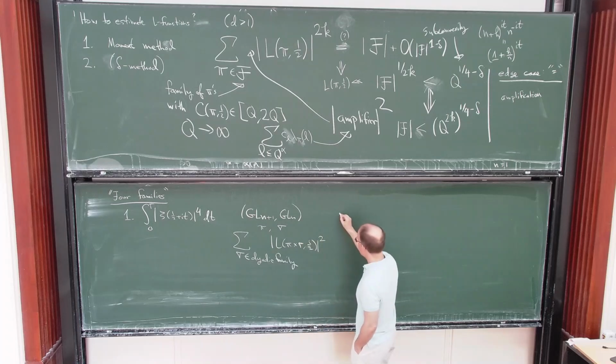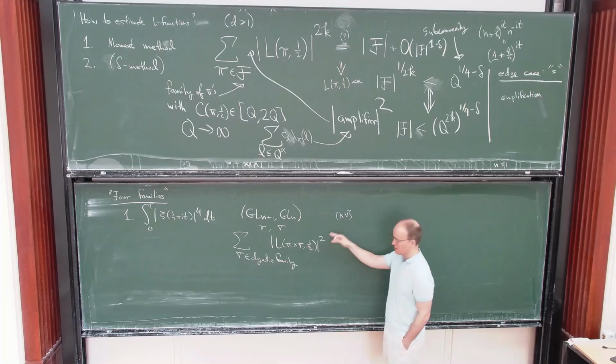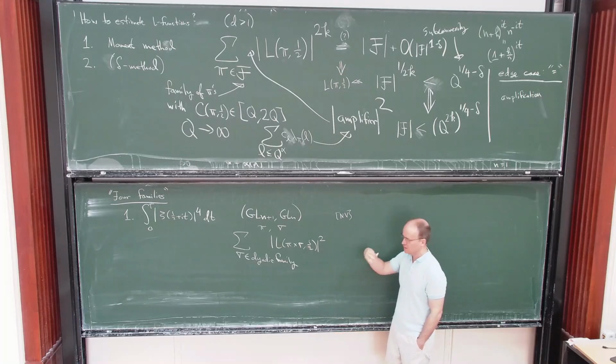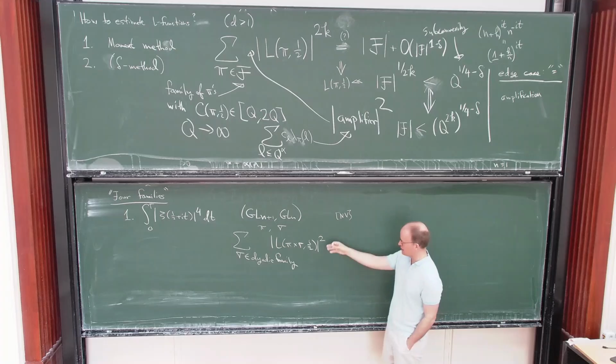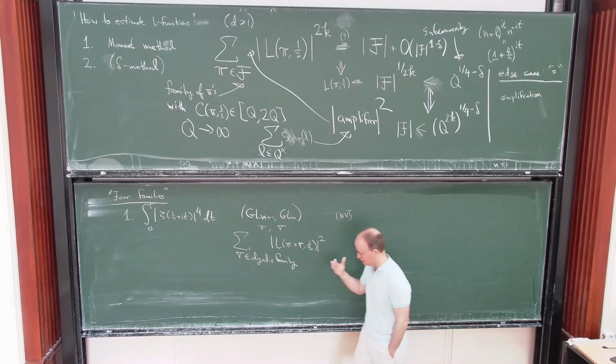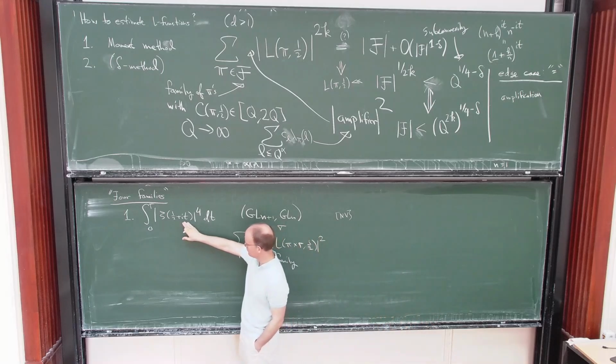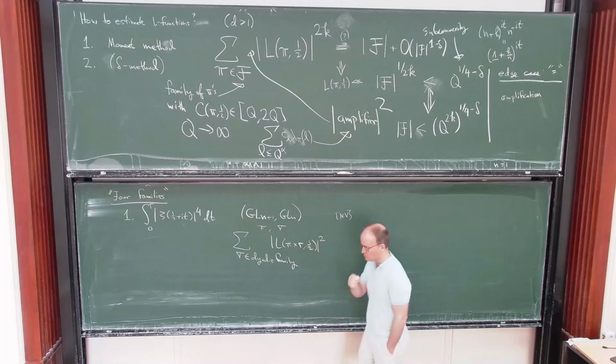Something like this is treated in my paper with Akshay Venkatesh. We give an ineffective estimate, but there's now a hope of making it effective. So it's something that should be available, a general form of this kind of estimate.